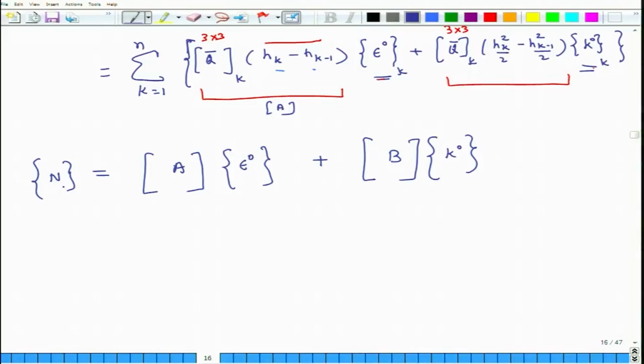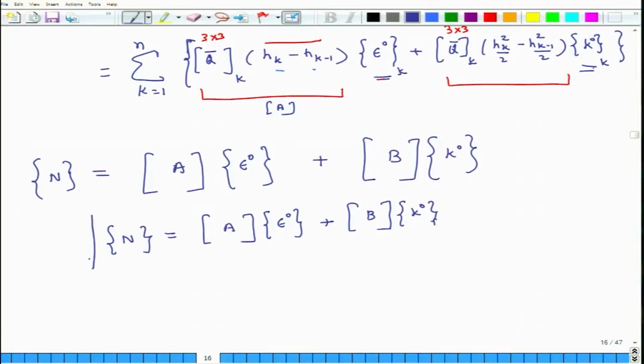And this is my force resultants. So, I can say that force resultants, which are nx, ny, nxy, are equal to the A matrix, which is a 3 by 3 matrix, times mid plane strain, plus the B matrix, which is a 3 by 3 matrix, times mid plane curvatures.